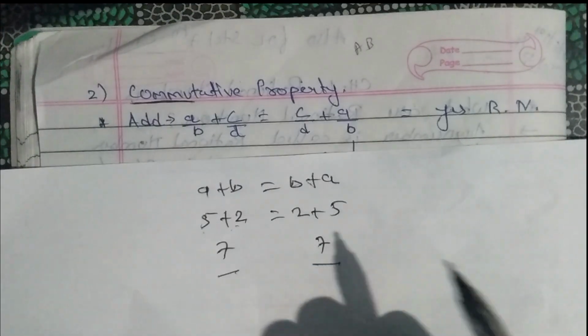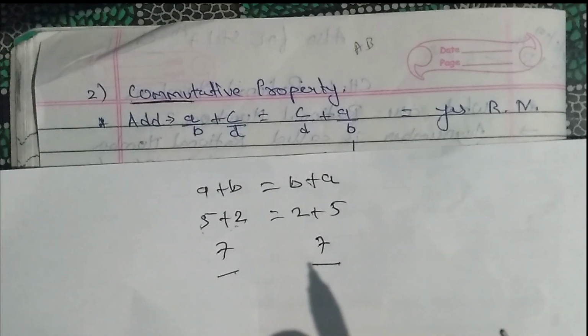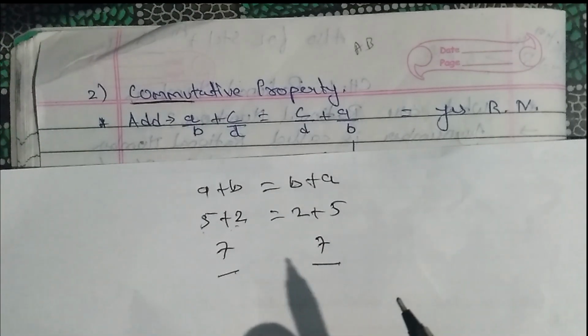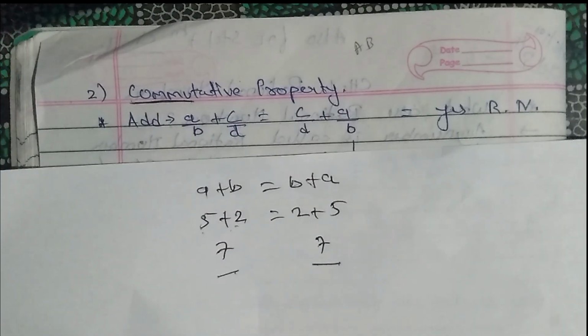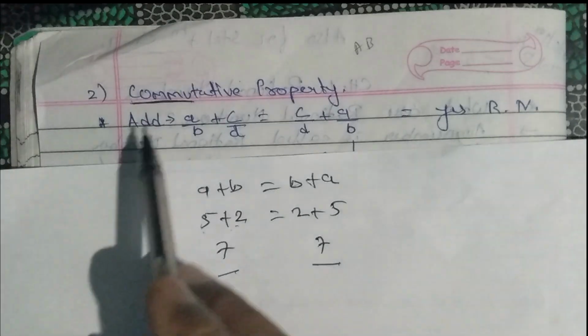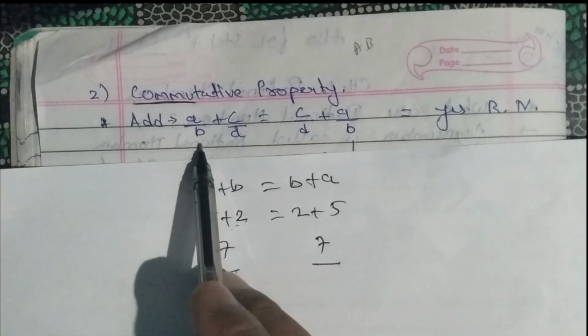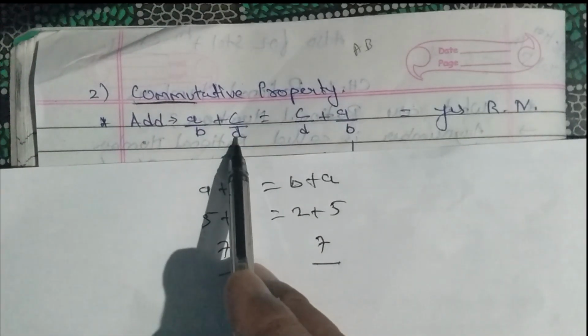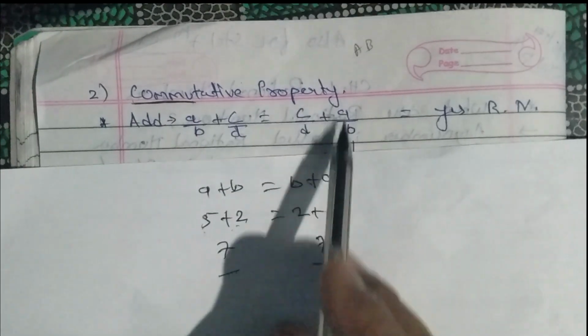And now let's see the effect of the commutative property in rational numbers. Addition: the addition of two rational numbers is commutative if a upon b plus c upon d equals c upon d plus a upon b.